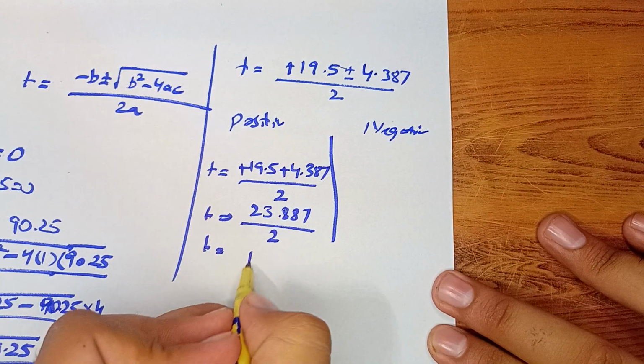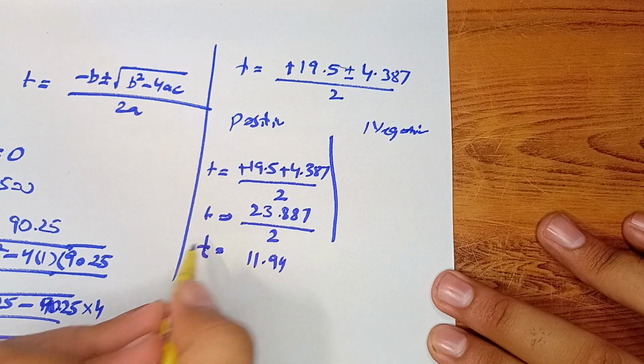After dividing by 2, 11.94 is one side, which is x.